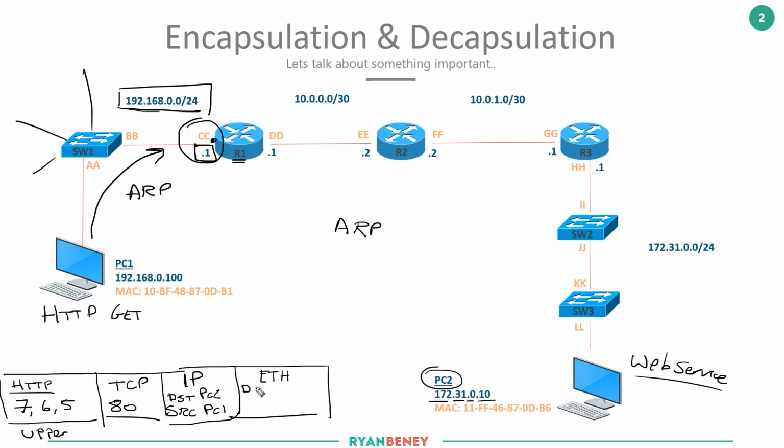So the destination MAC address will be router 1, which in this case will be CC, and the source will be PC1, and that will get sent out on to the wire. And we know that from layer 4, which is from TCP, all the way down to here would be considered our lower layers. That's how PC1 creates the data for HTTP GET towards PC2.